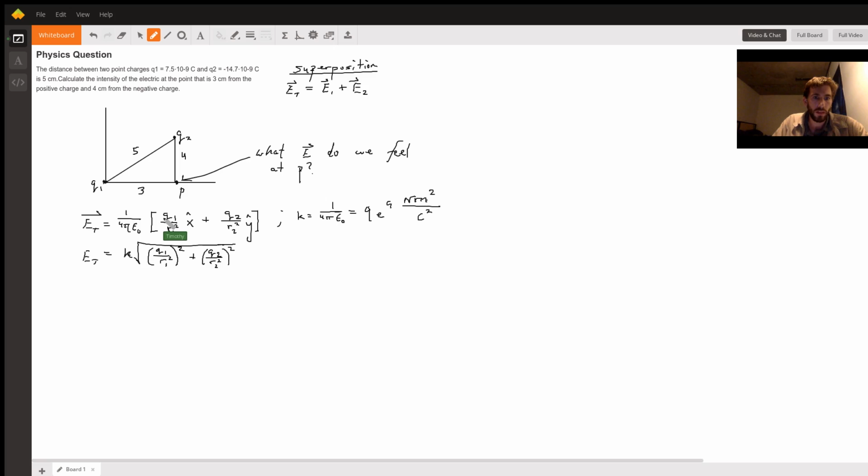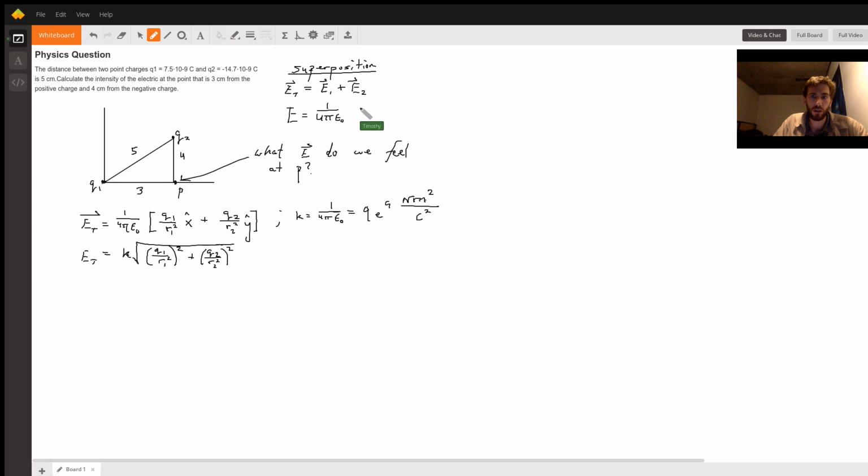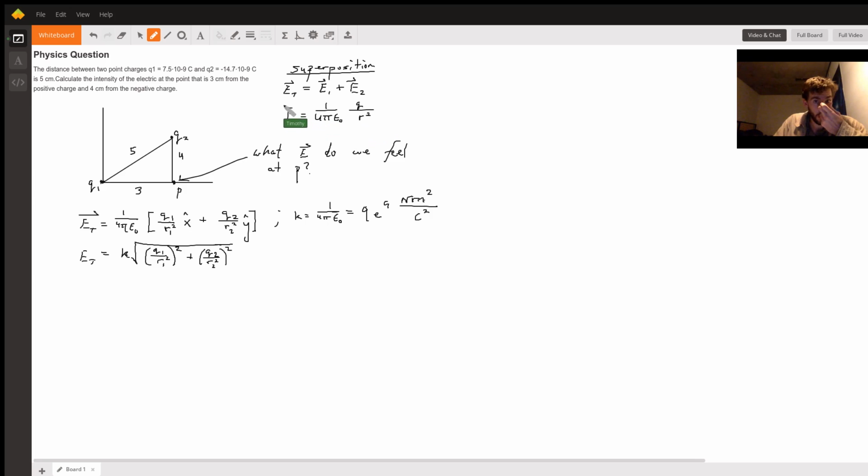So the generic formula is 1 over 4 times pi times the permittivity constant times the charge, divided by the distance away from the charge squared. It always has a direction, the r hat direction. In this case, we don't need to worry about the r hat direction because it's specific.